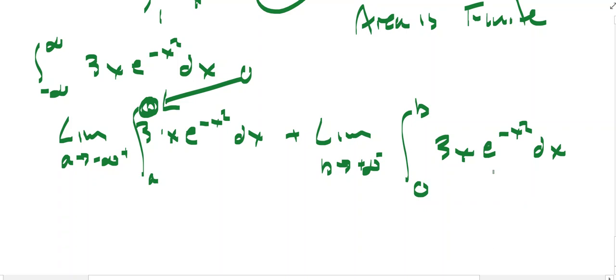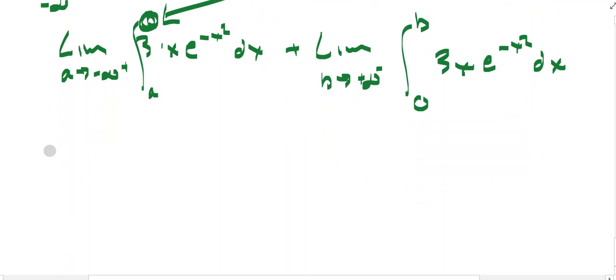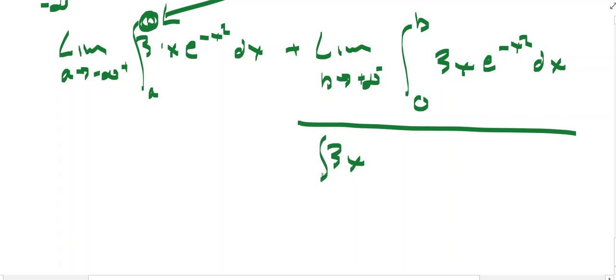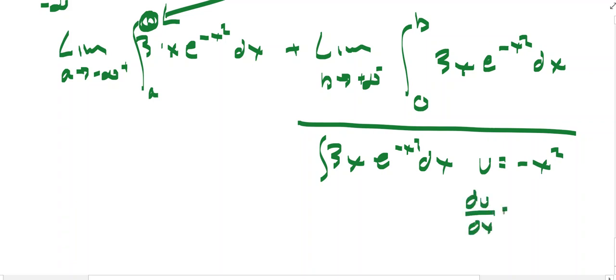Well, now it's time to actually evaluate the integral. So I'm just going to evaluate the integral over here. The integral of 3x e to the negative x squared dx is a u substitution problem. If we let u be equal to negative x squared, then du/dx is equal to negative 2x, or dx is equal to du divided by negative 2x.